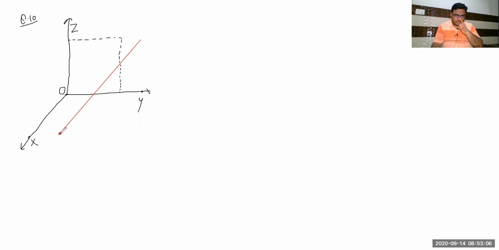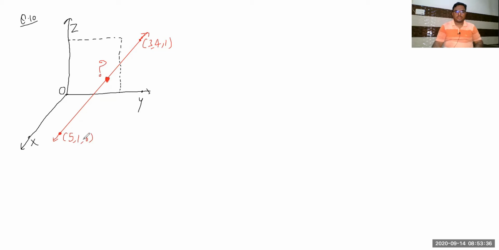Those points are 5, 1, 6, and another point is 3, 4, 1. So this is a line which is passing through 2 given points, and this line intersects the YZ plane at some point. We have to find out the coordinate of that point. We have to find out the point where this line intersects the YZ plane.